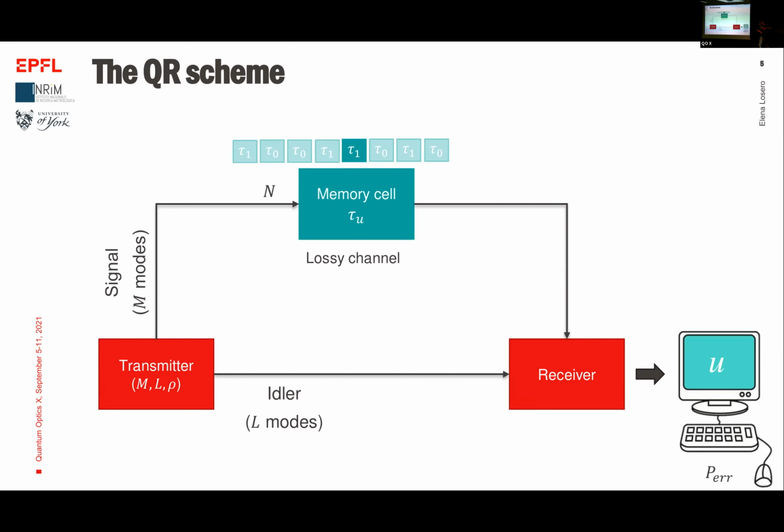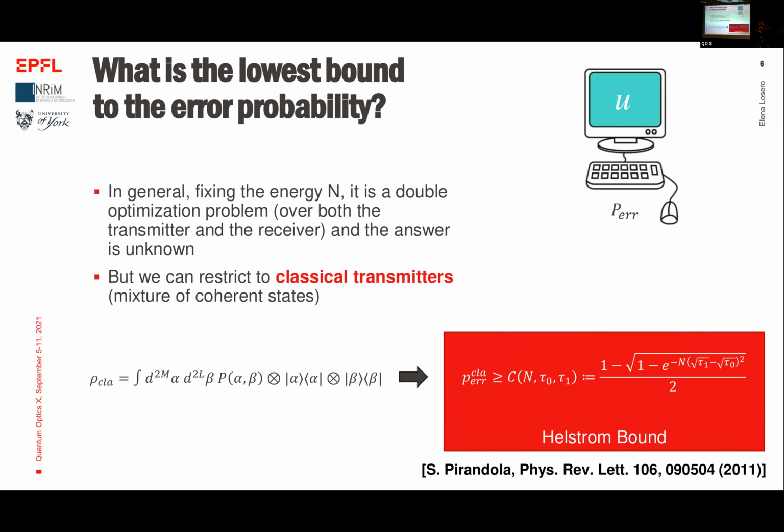At the receiver, we can perform a certain measurement, and after the measurement, we will be able to recover our bit of information. Of course, this procedure will be affected by a certain error, P_E, and the question that we can ask ourselves is, what is the lowest bound for this error probability? In general, this question is not easy to answer because it involves a double optimization problem.